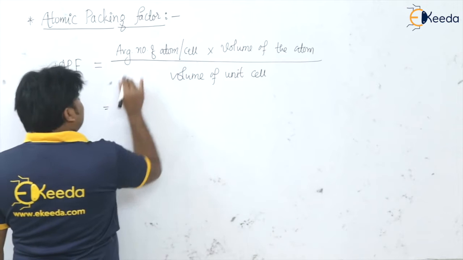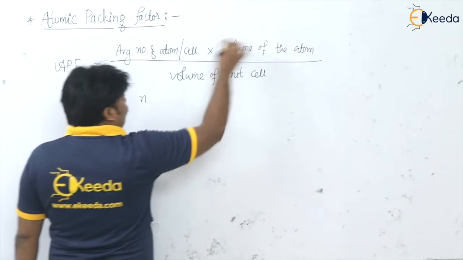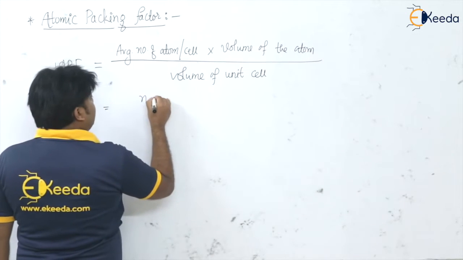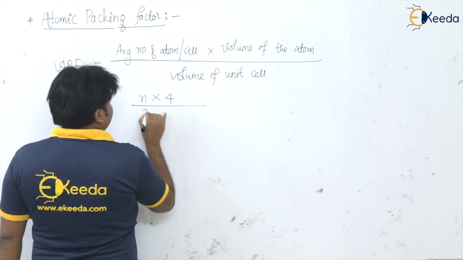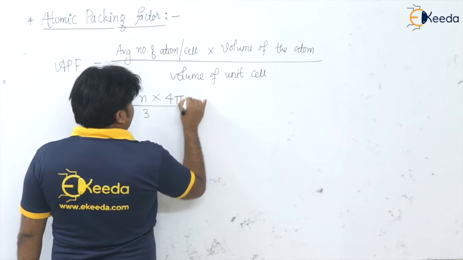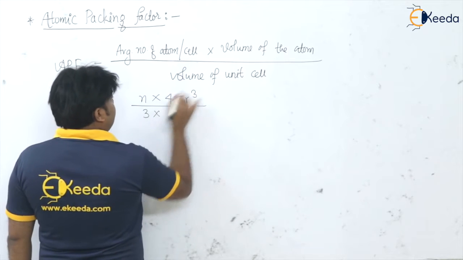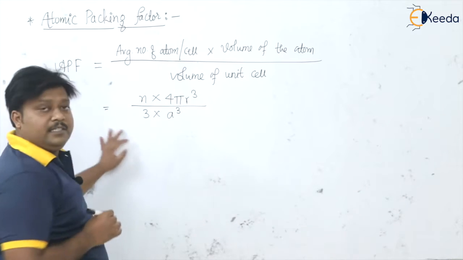So if I write the average number of atoms per unit cell as N, and volume of the atom we are considered as the spherical one, so it is 4 upon 3 pi r cube, divided by the volume of unit cell is A cube, isn't it?